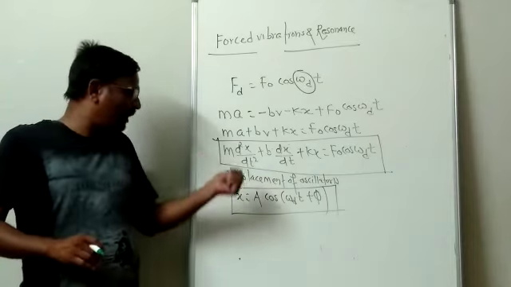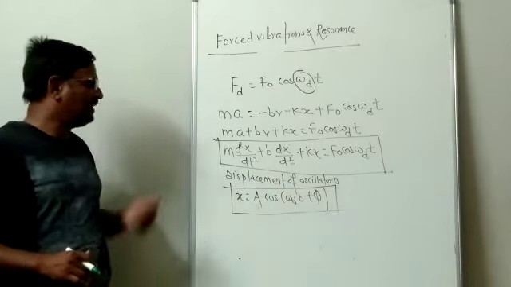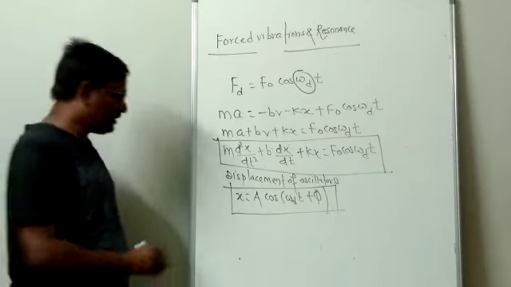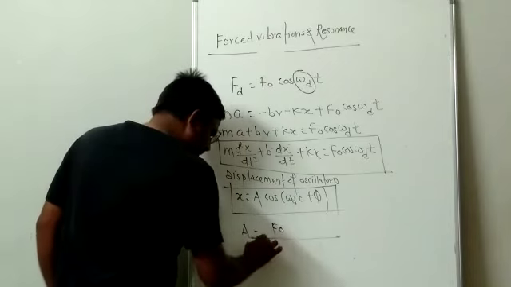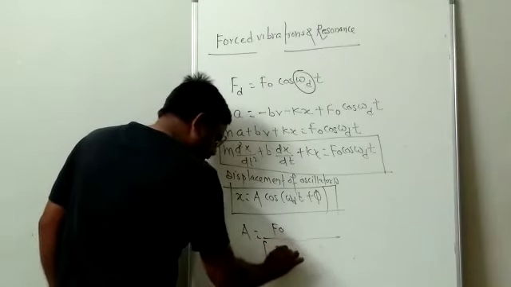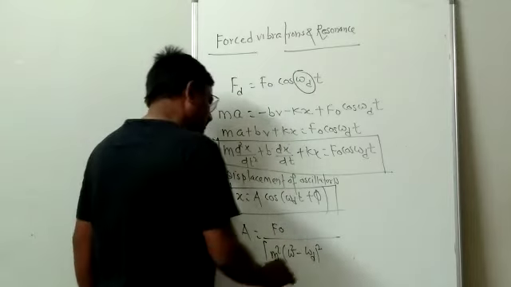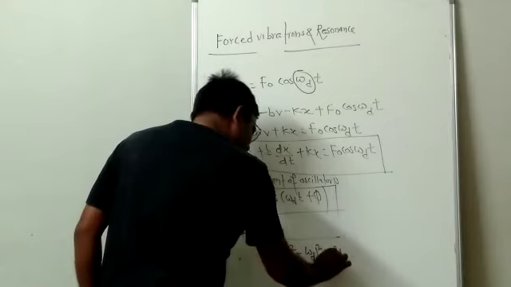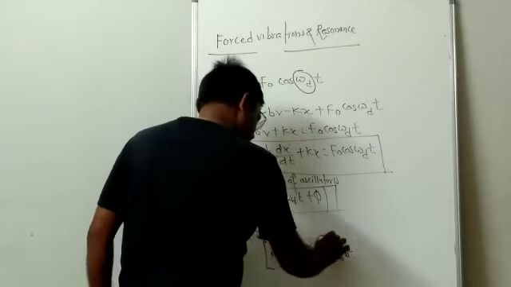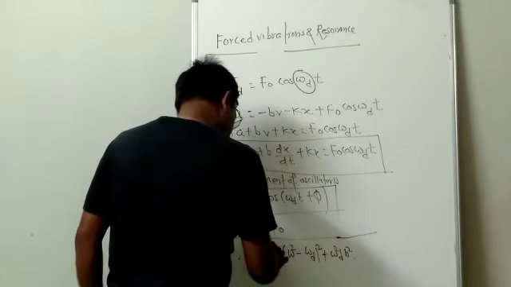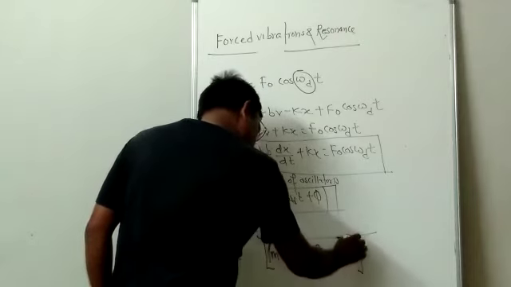x is equal to a cos omega d t plus phi, where a is called the amplitude. This amplitude is given by the formula a is equal to F0 upon, in brackets, m square omega square minus omega d square, whole bracket square, plus omega d square b square, raised to half.